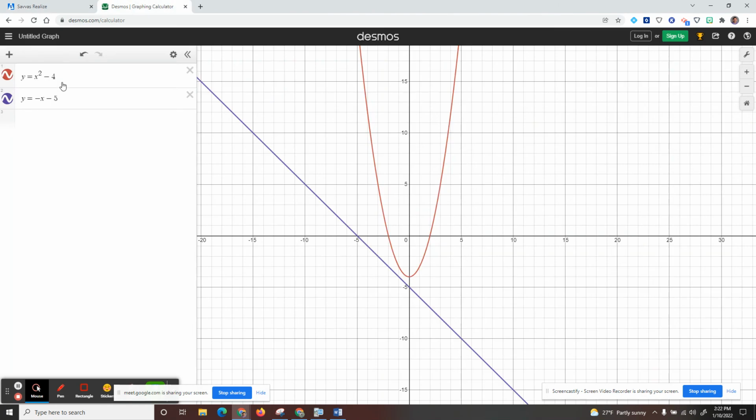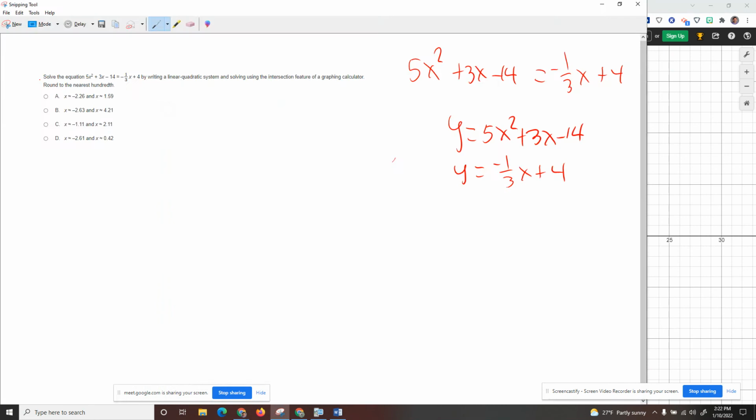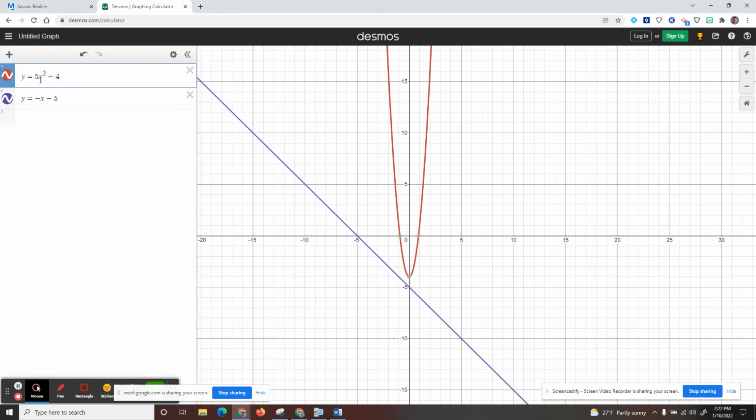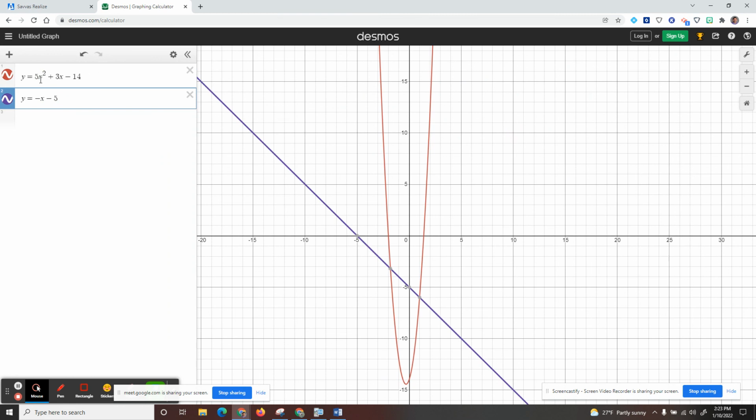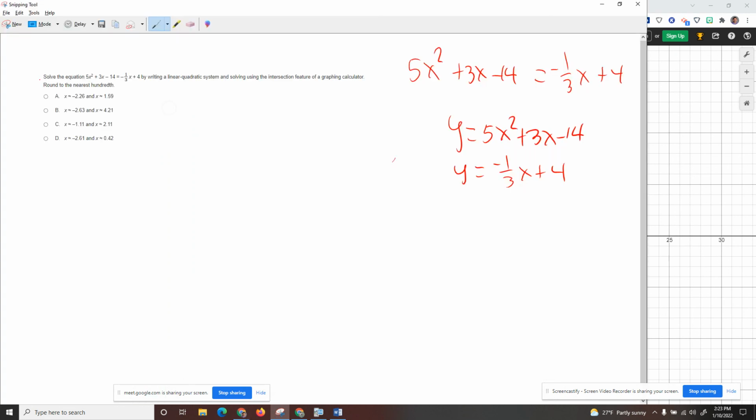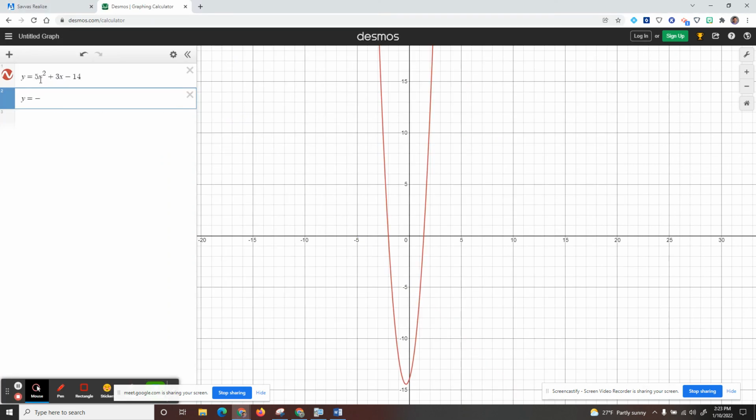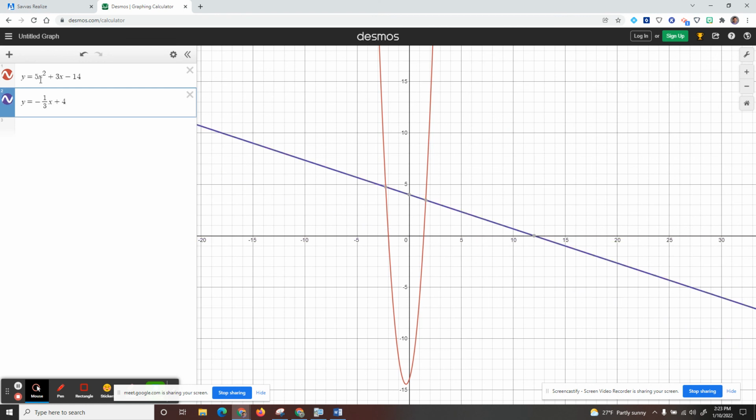So y equals 5x squared plus 3x minus 14. Then negative 1/3 x plus 4. So those two solutions are where they intersect, and specifically for this question, I care about the x values.